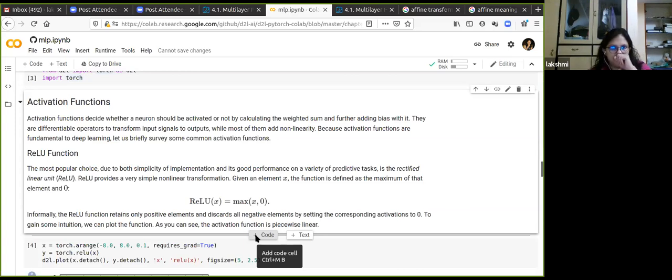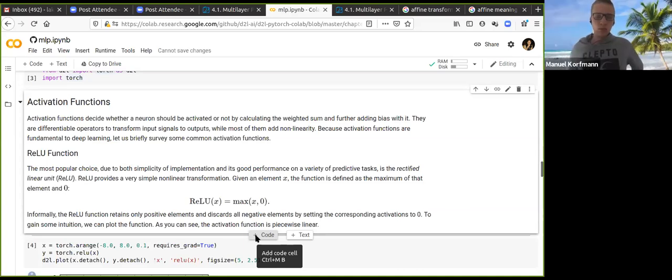Okay, so when you take linear models, actually only an affine transformation is happening there, Wx plus b. But if you want more learning to happen, we use activation functions.